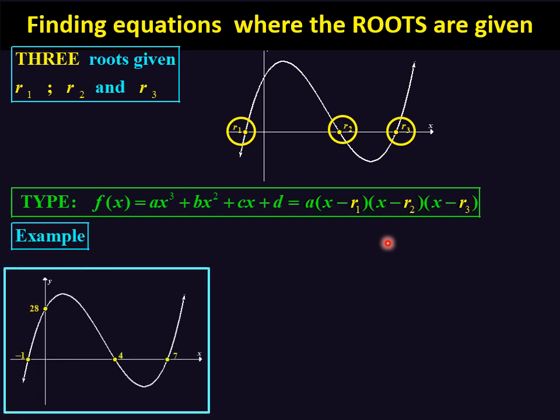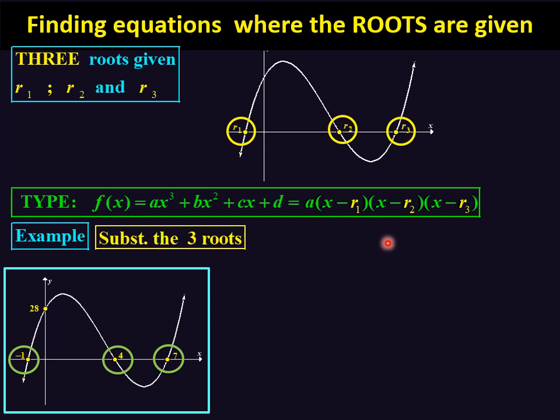Here we have an example, and let's see what is given. We have a root at -1, we have a root at 4, and we have a root at 7. So we can actually substitute these roots directly now. If I substitute those roots, the first one, -1 becomes +1, +4 becomes -4, and +7 becomes -7.